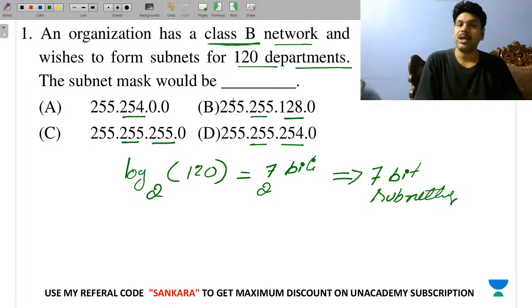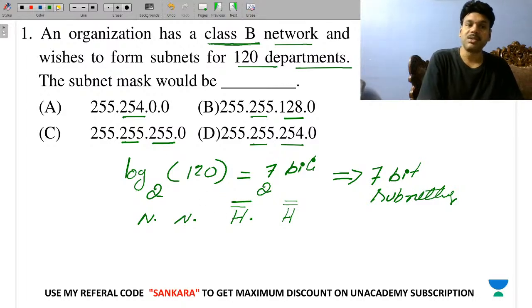And now let us put it as a class B mask. So class B representation is network, network, host ID, and host ID. Now subnetting is mainly concentrating on masking your host ID positions.